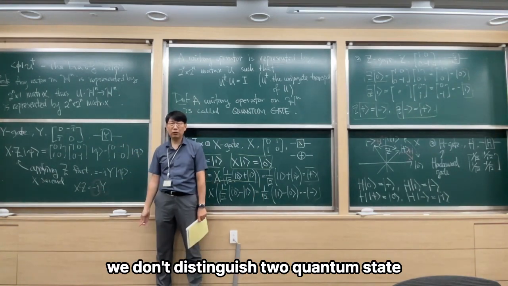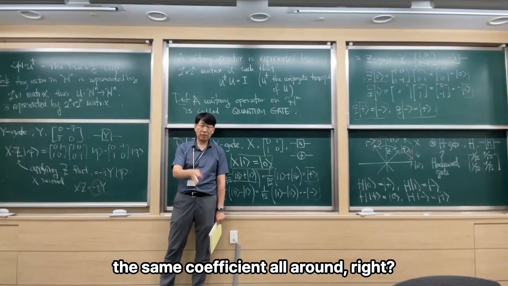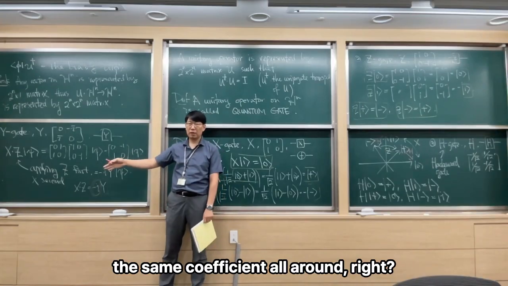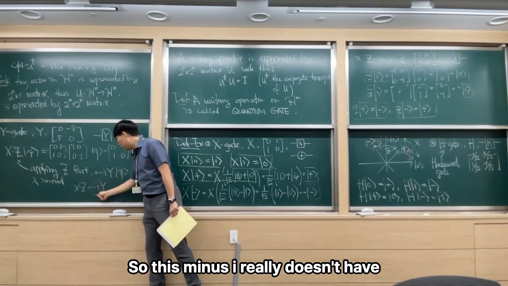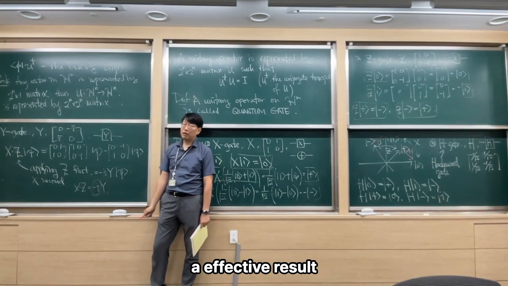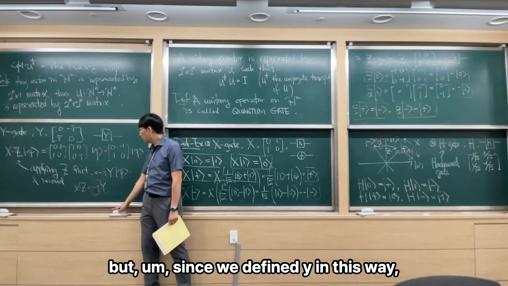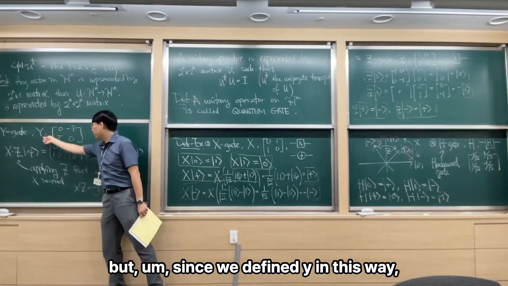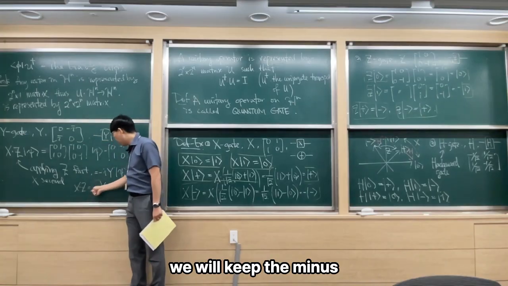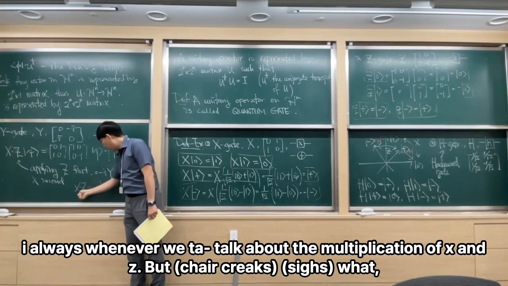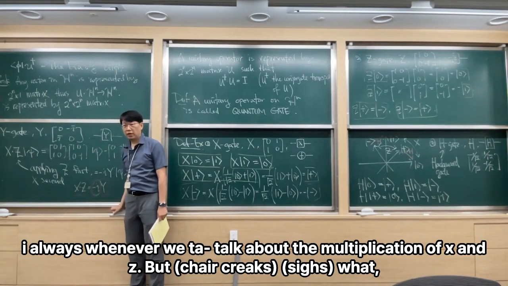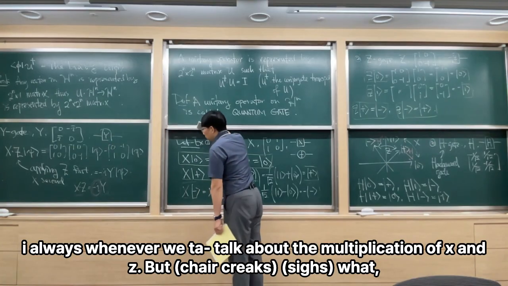And we said we don't distinguish two quantum states when we multiply by the same coefficient all around, right? So this minus i really doesn't have an effective result, but since we defined Y in this way, we will always keep the minus i whenever we talk about the multiplication of X and Z.